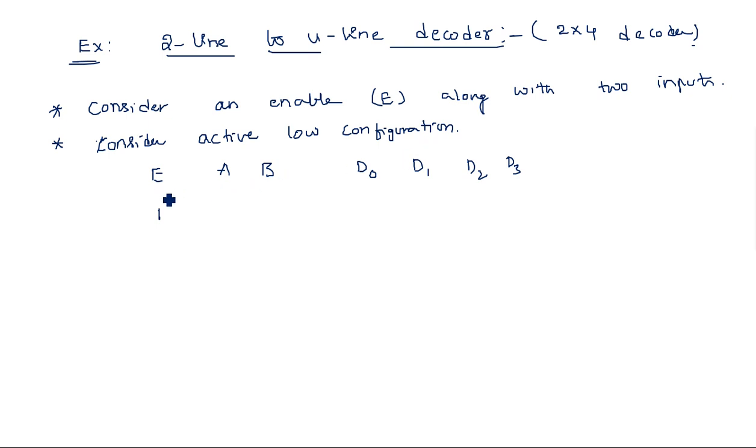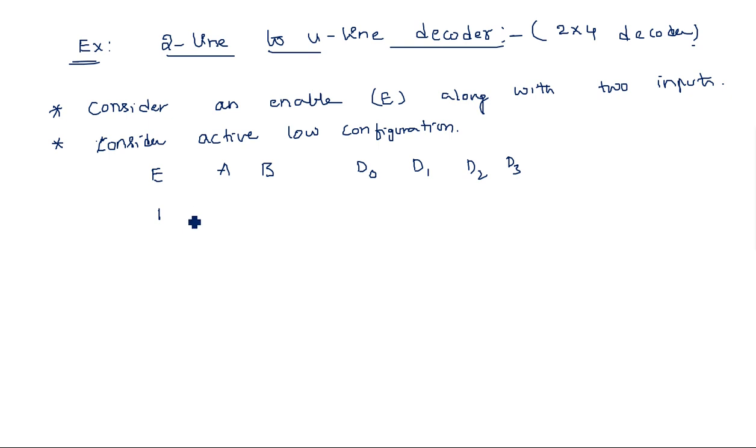That's why when enable is disabled, see, E is equal to 1. Actually 1 means active pin, but here 1 is considered as active low because it is in active low configuration. So enable equal to 1 means the chip is disabled.